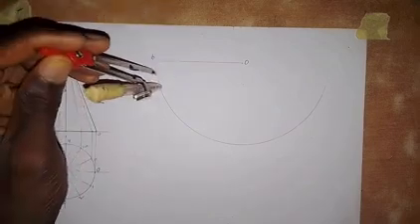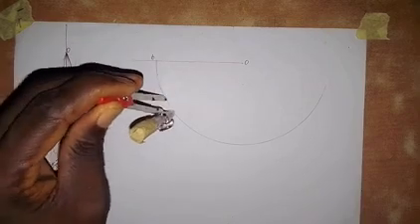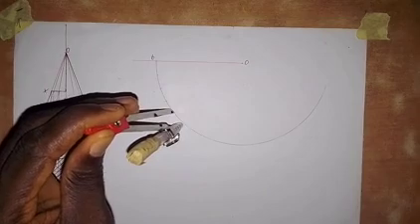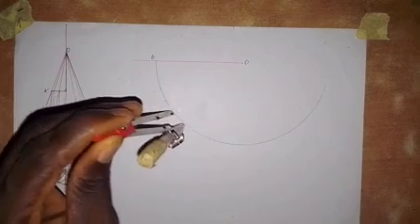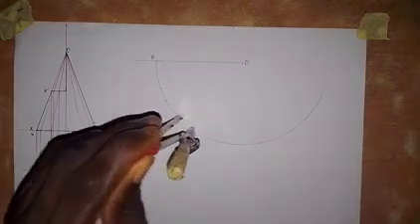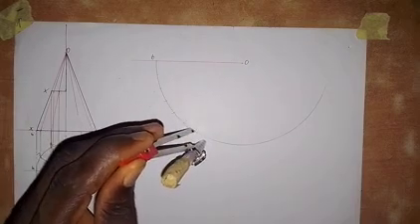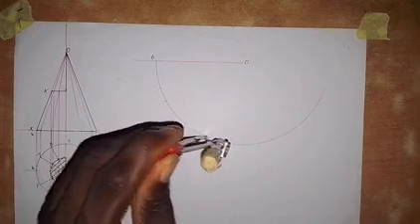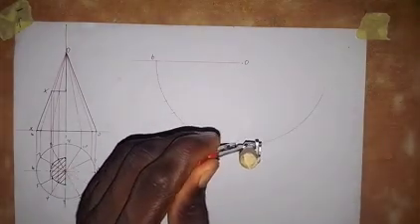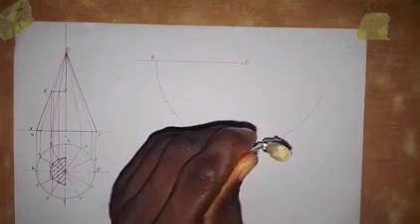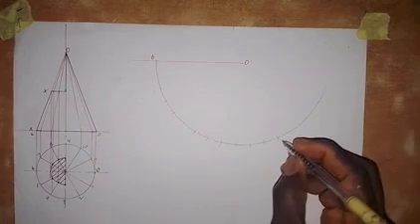So this is 1, 2, 3, here we have 4, here is 5, this is 6, this is 7, 8, 9, this is 10, and we have 11, and this is 12.